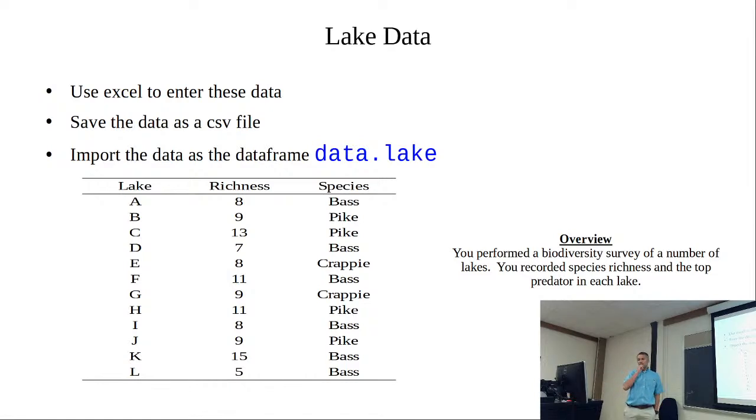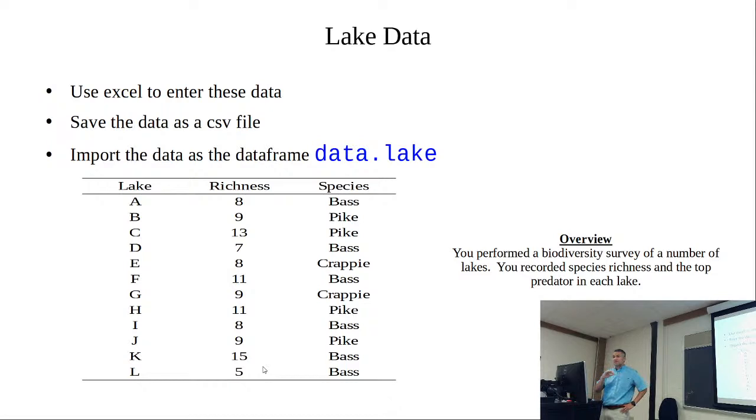So we need to get it in R. Well, you don't have a file, you actually just have a table on a regular piece of paper. So we need to get this into a format where we can import it in R. Easiest way to do it, use Excel. So go ahead and open up Excel, and we're going to recreate this data table in Excel.